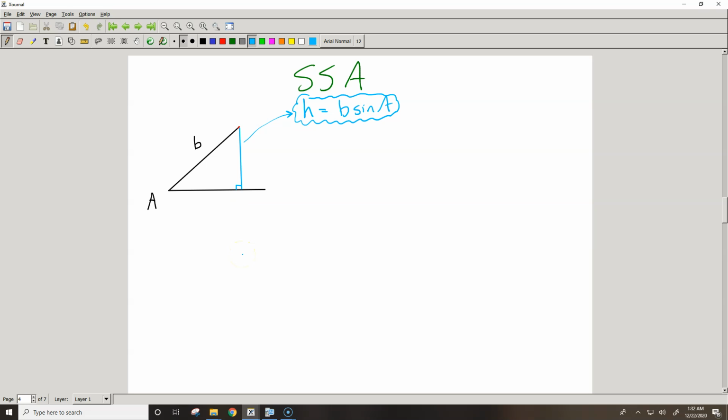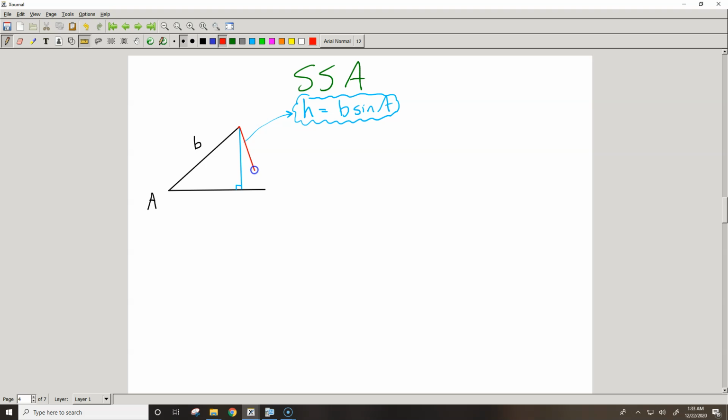Now, if the other side length that's given to us, so if side A right here, is simply less than the height, right? If it's like this much, or it's not long enough to even get to the other side of the triangle, that's when we're going to have no solution.